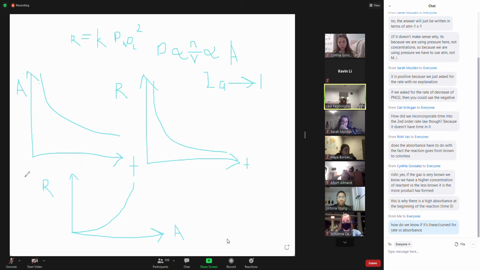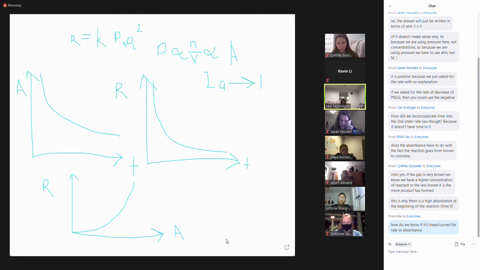Yeah, that's a great way to look at it. So just to repeat that for you guys, she looked at our rate law, which was rate equals k times pressure squared. And because pressure is proportional to absorbance, she said that it must be parabolic, so curving upward. It's a great way to look at it, Victoria.